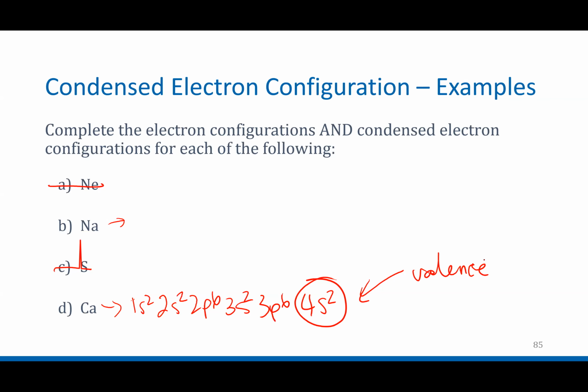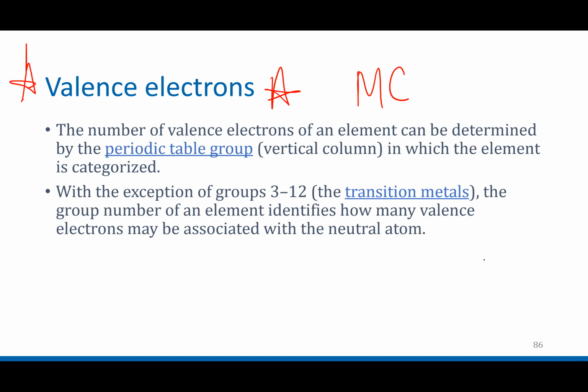One thing to keep in mind about valence electrons is that these are the electrons involved in chemical bonding. So valence electrons are really important. We're going to learn about them more in chapter 3 because those are the electrons involved in bonding.